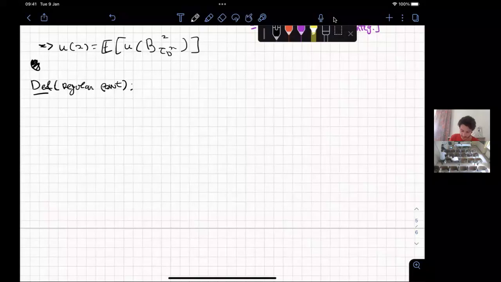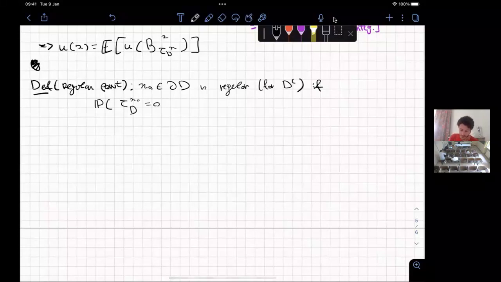We say that a point x0 belonging to the boundary of D is regular if the probability that tau_D^{x0} is equal to 0 is equal to 1.